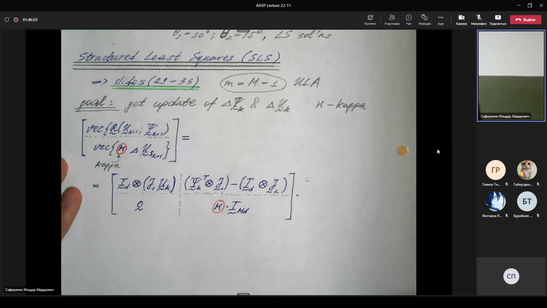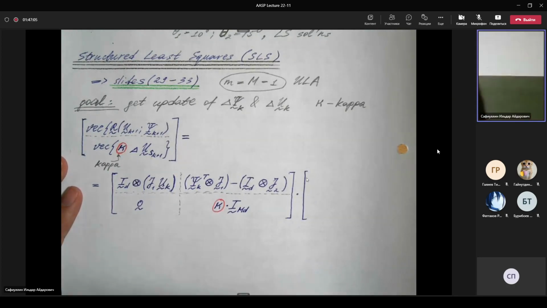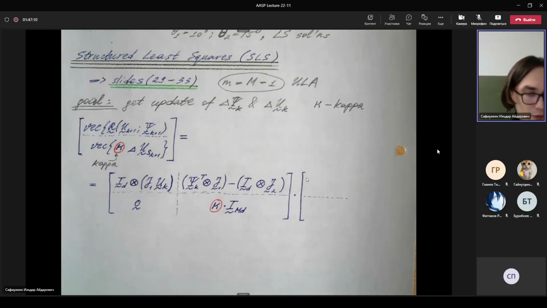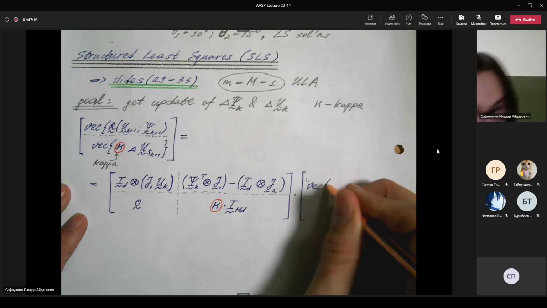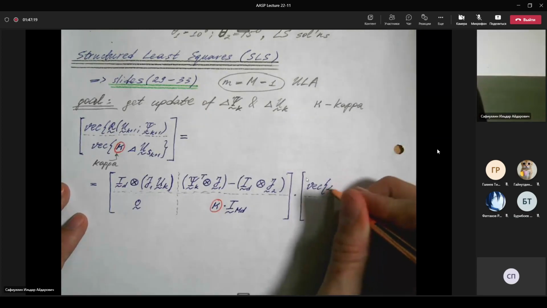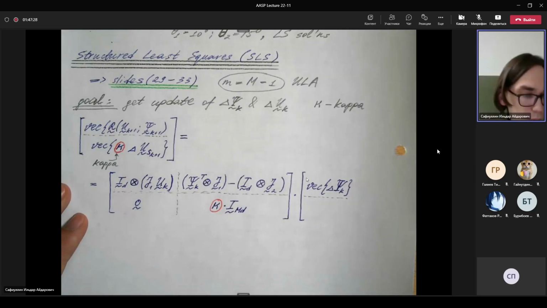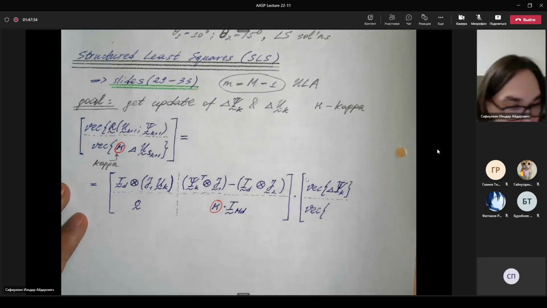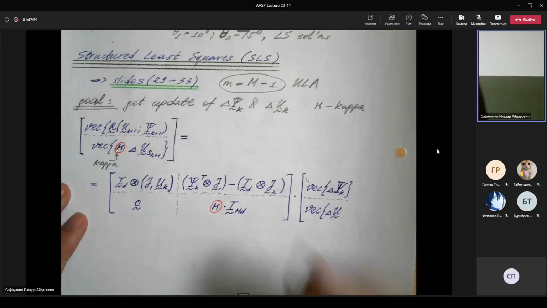This thing is multiplied with the concatenation of the vectorization of delta xi sub k for the previous step, and below we have the vectorization of delta U sub k.